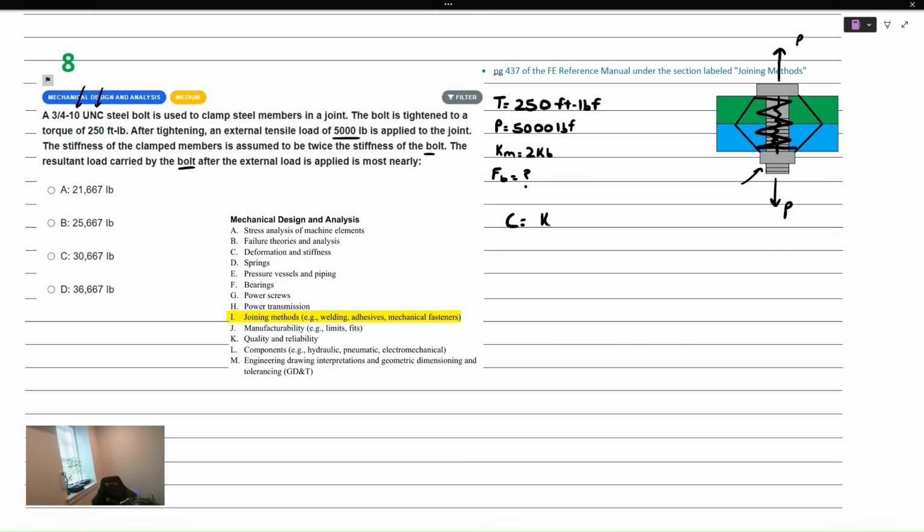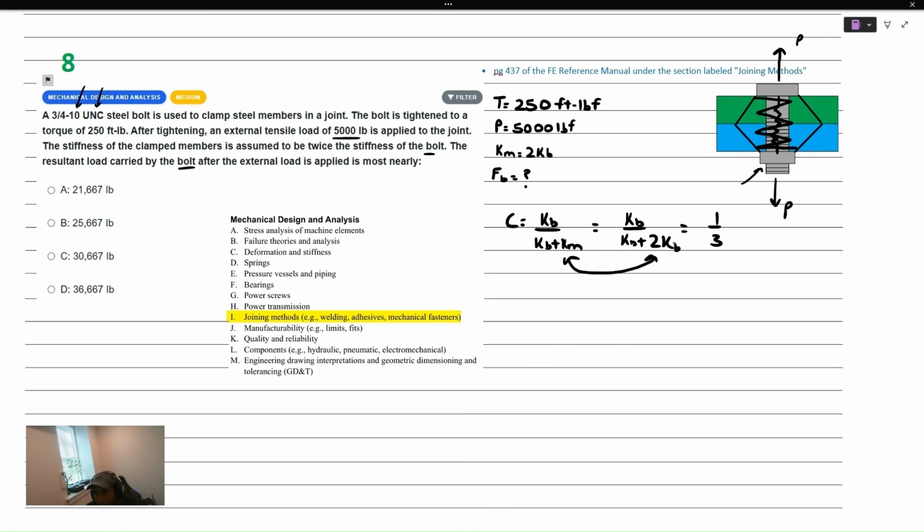It's the ratio of the bolt stiffness divided by the total stiffness, or the sum of the bolt and the member stiffness. And in this problem, we know that the member stiffness is just twice the bolt stiffness. So I went ahead and made that substitution right here, such that the joint coefficient is just a third, right? All the bolt stiffnesses cross out. We're just left with a third over here.